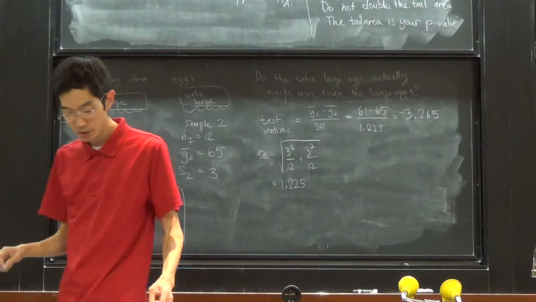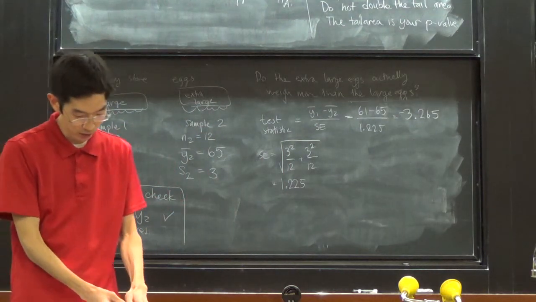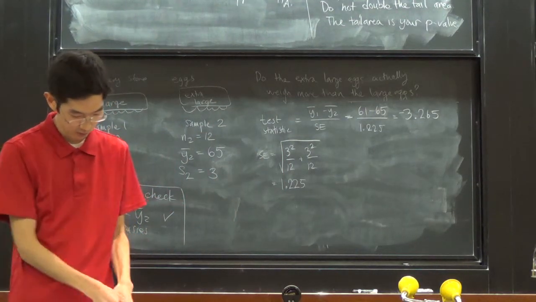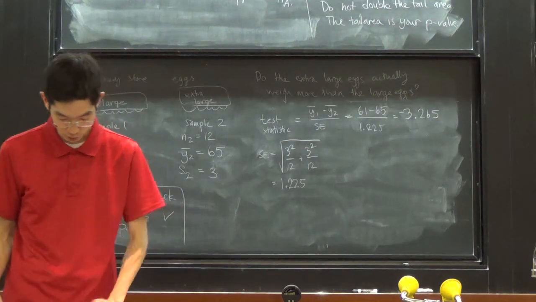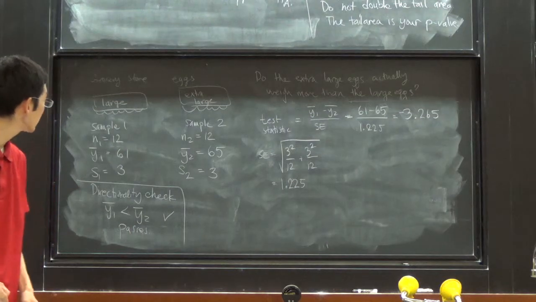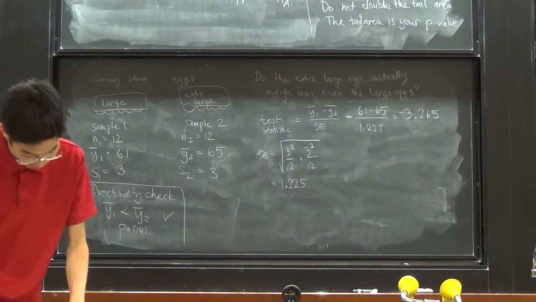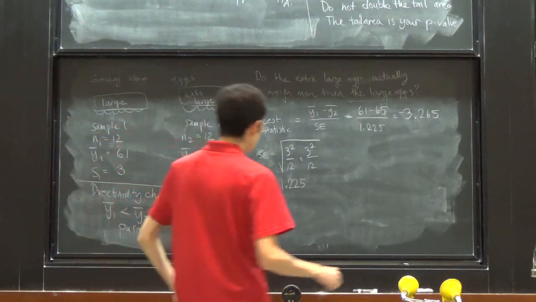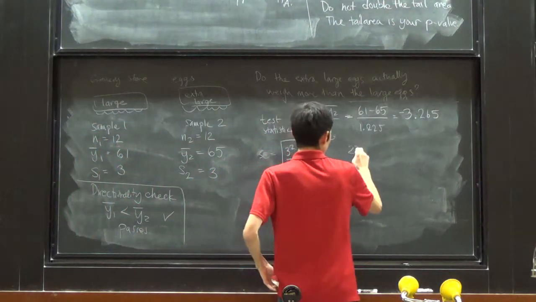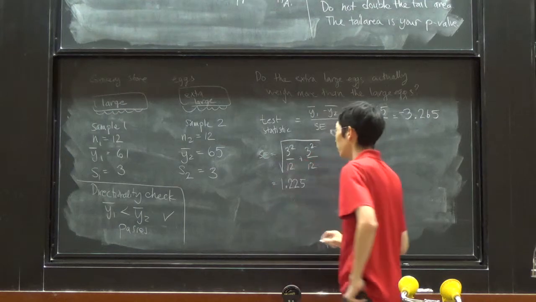Alright, how many degrees of freedom would I be looking up in the table? We'll look up 20 degrees of freedom. No, 22 degrees of freedom, sorry. I'm a mess. Okay. So we look at 22 degrees of freedom. And what is my tail area?